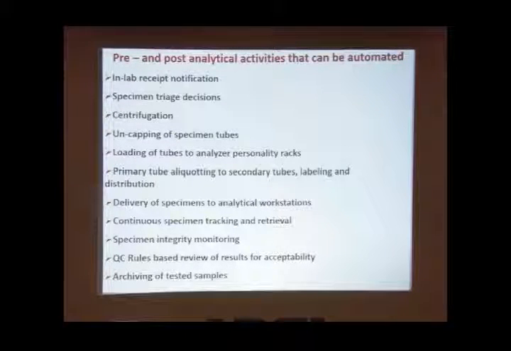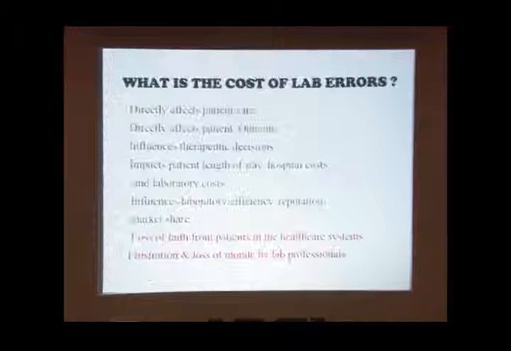In the pre-analytical phase, first you can automate the in-lab receipt of notification, specimen triage decisions, centrifugation, uncapping of specimen tubes, loading of tubes to analyzer racks, primary tube aliquoting to secondary tubes, labeling and distribution, delivery of specimens to analytical workstations, continuous specimen tracking and retrieval, specimen integrity monitoring, QC rules based review of results for acceptability, and archiving of test samples. These are all the activities which could be automated.